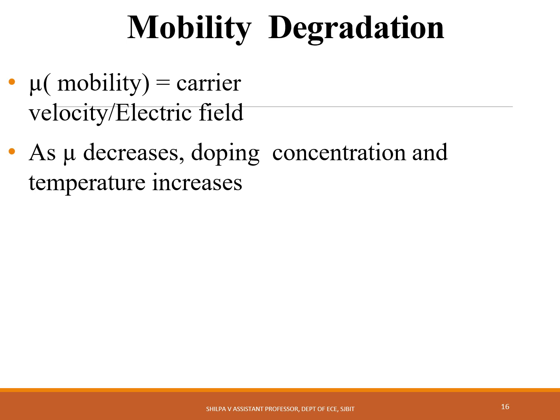Similarly, we have mobility degradation. From the equations we have derived, the carrier drift velocity and current are proportional to the electric field, E lateral, that is VDS by L, between source and drain. Now the long channel model assumes that the carrier mobility is independent of the applied field.